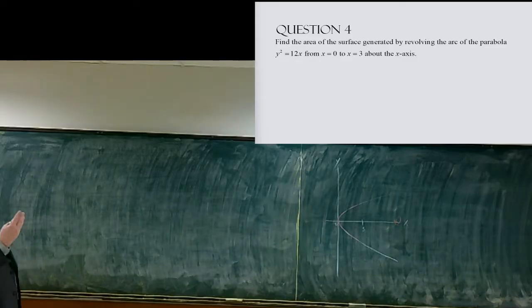And so if you revolve that, you're going to get what's called a paraboloid. Cup without a flat bottom, so a very useless cup.